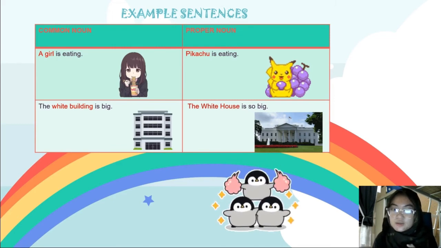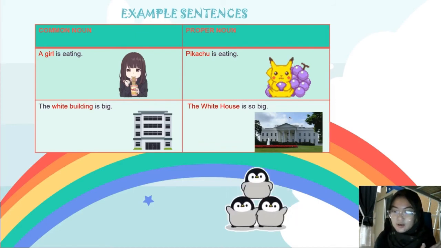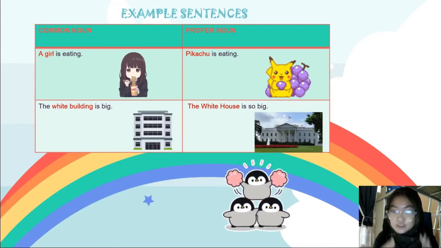The White House is an official administrative place, like I mentioned before. Hence, it is a proper noun because it is not called the white building or the white monument or the white architecture. No, it is called the White House because in the United States it is called the White House. Hence, it is a proper noun.